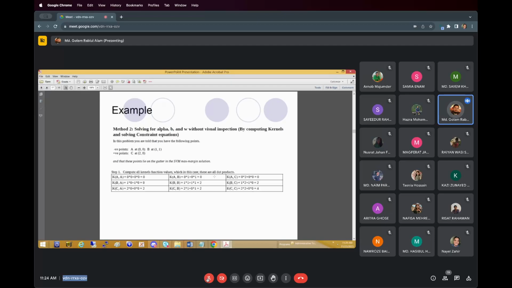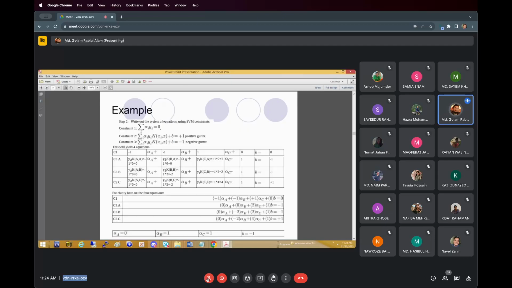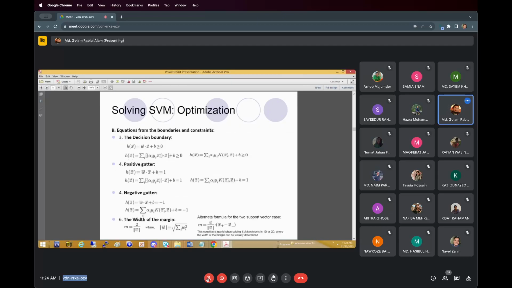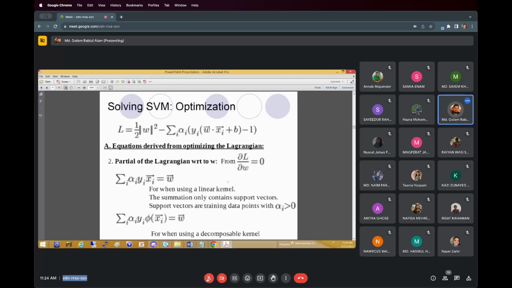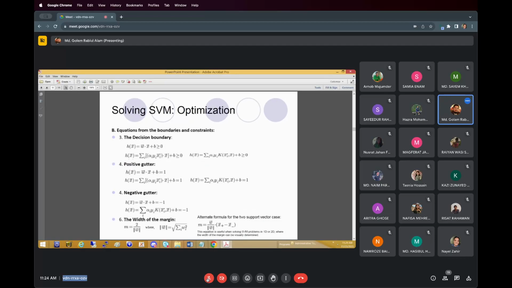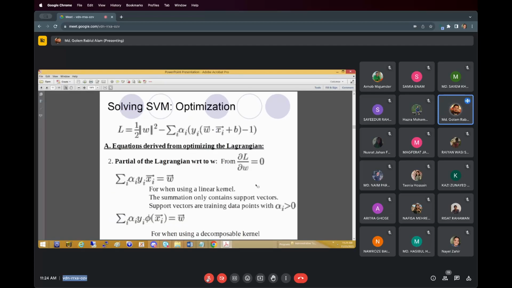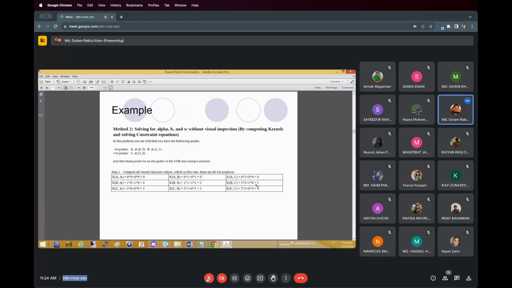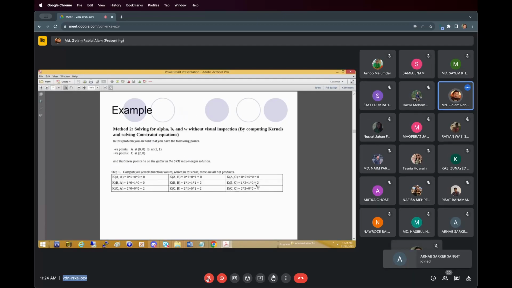In that example, we first discussed how to get those equations, specifically the optimization equations, and we used the Lagrangian optimizer to find the different equations.